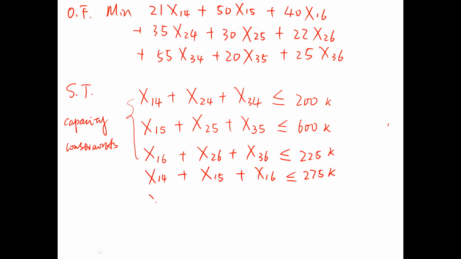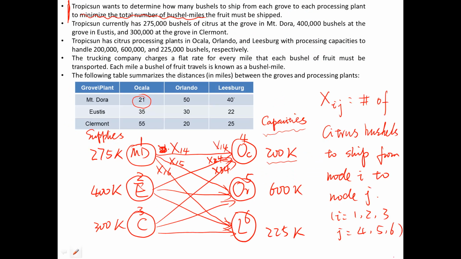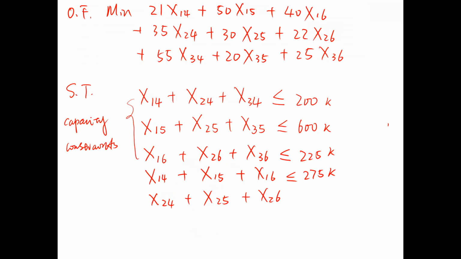In the same manner, we can write X24 plus X25 and X26. So these are all the citrus shipped out from the second node, which is Eustis, should not exceed this 400 available there.